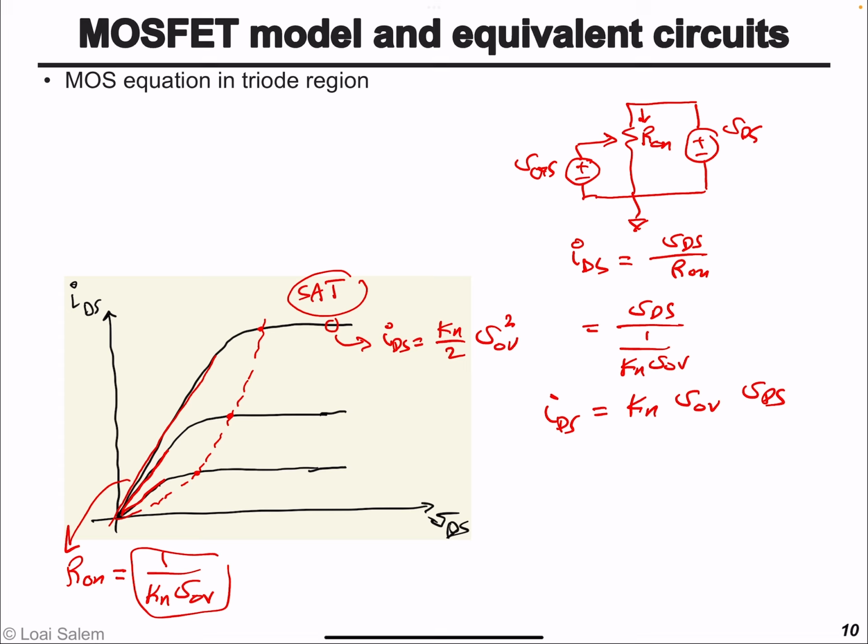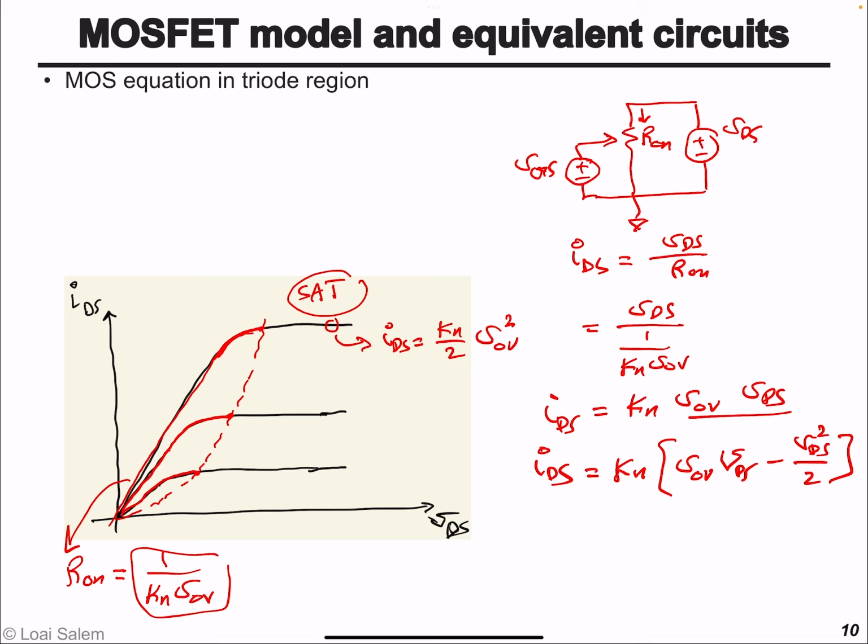Now, the remaining part that we need to model is this curve as the transistor current bends between deep triode and triode. We'll find that the equation of the transistor in the triode region can be expressed as Kn times V overdrive times VDS minus VDS squared divided by 2, to cause this curvature.